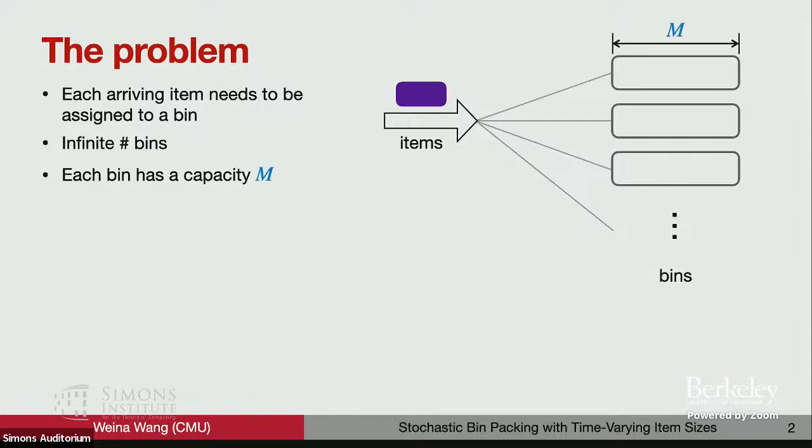Contrary to Daniel's talk, where he stuck to the abstract formulation, here I'm going to do the opposite. I'm going to switch to the actual application we are thinking of and talk about things that way. In our application, the items will be jobs, which come into the system over time, and the bins will be servers. The capacity will be the resource capacity of each server; think of it as the number of CPUs each server has.